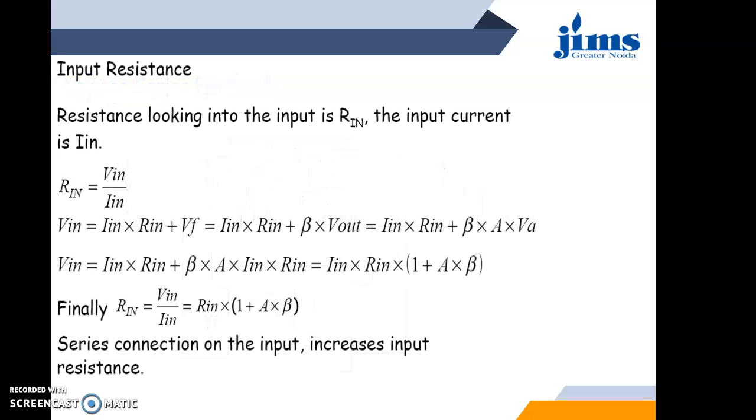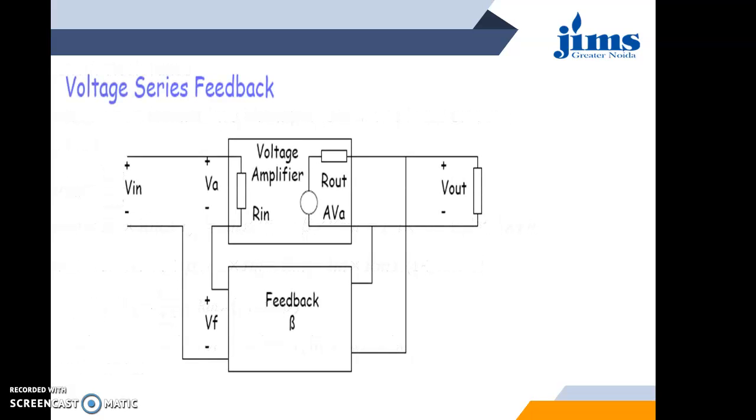First of all, we are talking about the input resistance. The resistance looking into the input is Rin, and the input current is In. So Rin is given as Vin upon In, or in other words, Vin equals In into Rin plus Vf, because the input port has a series load. So KVL is applied here.